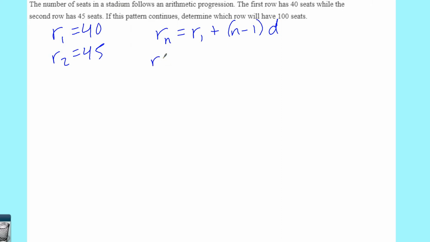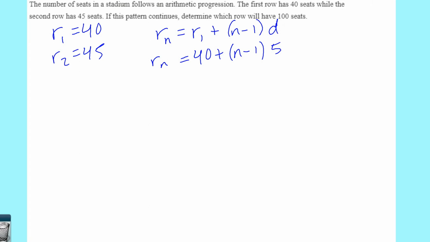We don't know which row, so we don't know what n is. But we know the first row has 40, and we know the difference, each row adds 5. But we want to know which row will have 100 seats. So the term has to have 100.